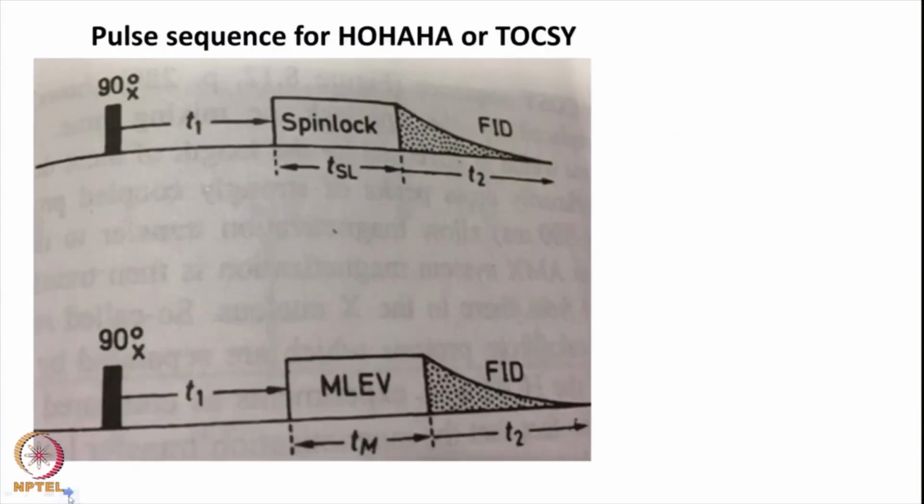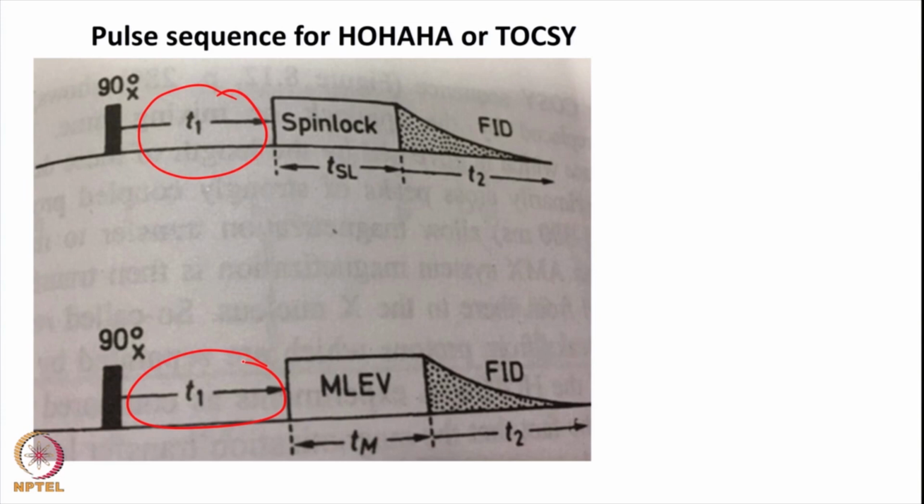So how is it actually done? The experiment is simple, do not worry at the moment about this. Here it is a pulse sequence for 2D, but essentially if you remove this t1 period, it is a sequence for transferring magnetization from one spin to another spin.